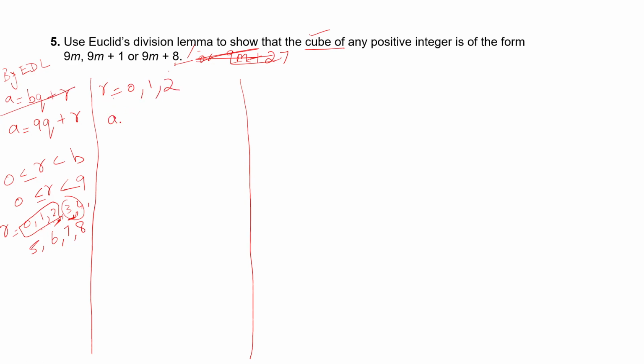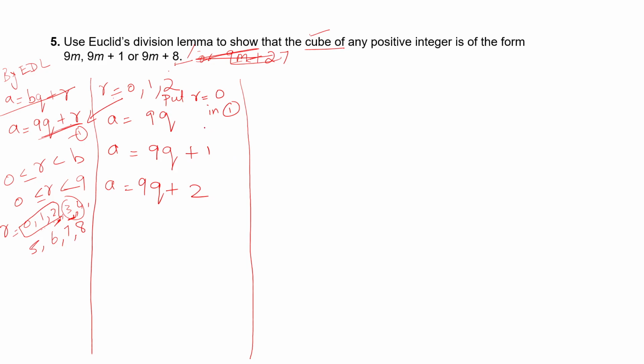r is equal to 0 means again the same, r is equal to 0 in this equation. Put r is equal to 0 in the first equation. So r is equal to 0 means a is equal to 9q. r is equal to 1 means a is equal to 9q plus 1. r is equal to 2 means a is equal to 9q plus 2.